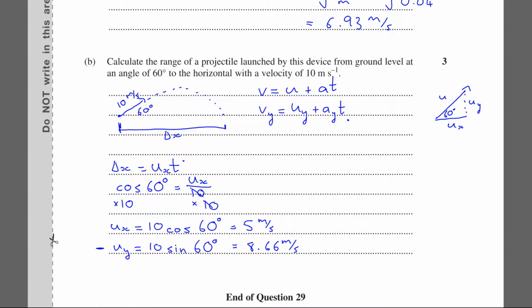So what I'm going to do is set this point here, at the apex of the parabola, as the point where vy, the final vertical velocity, is equal to 0.